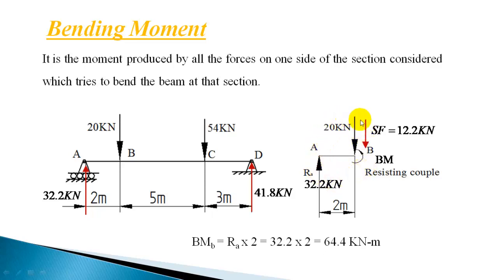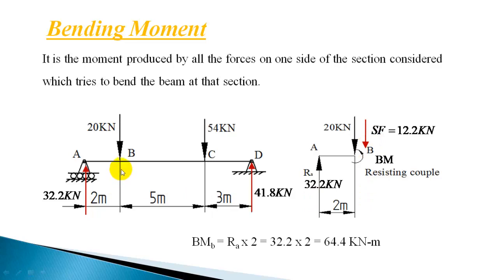This will be producing a clockwise moment of 32.2 into 2, 64.4. From the right side, the forces will produce the same amount of moment but in the opposite direction. So this resisting moment and resisting force can be considered as bending moment and shear force.